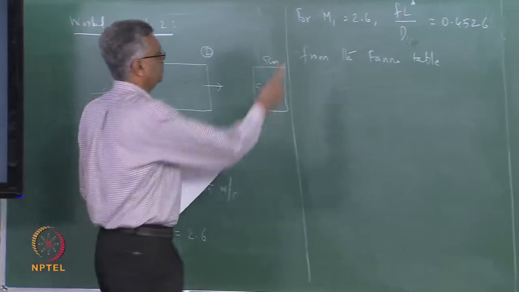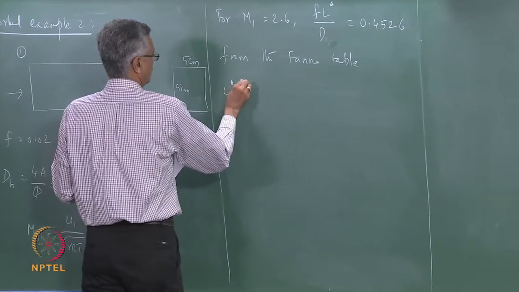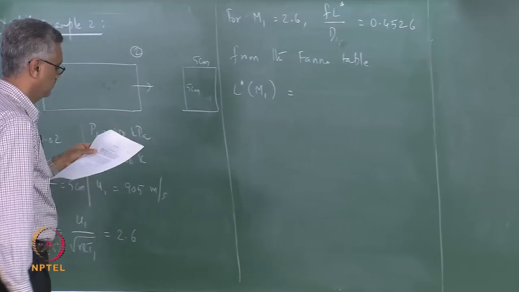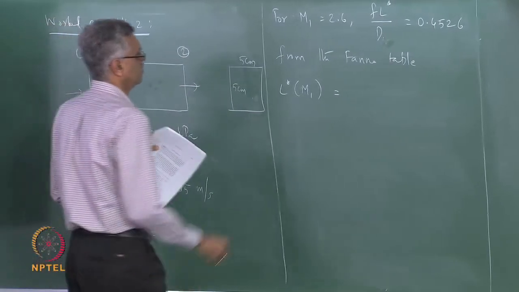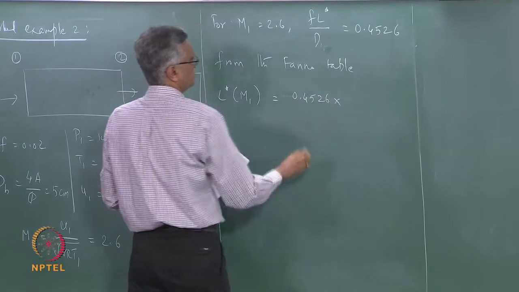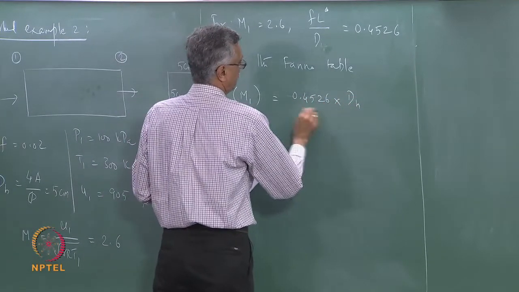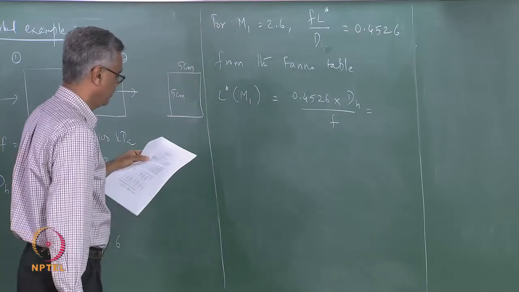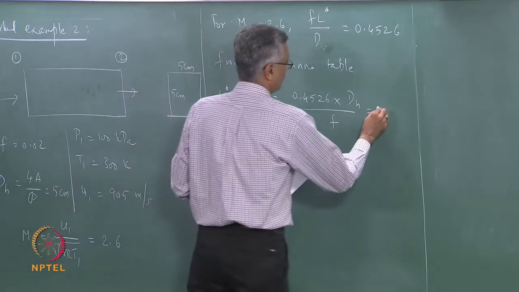So, this gives me L star corresponding to my Mach number M1 to be 0.4526 times D_H divided by f, which comes out to be 1.1315 meter.